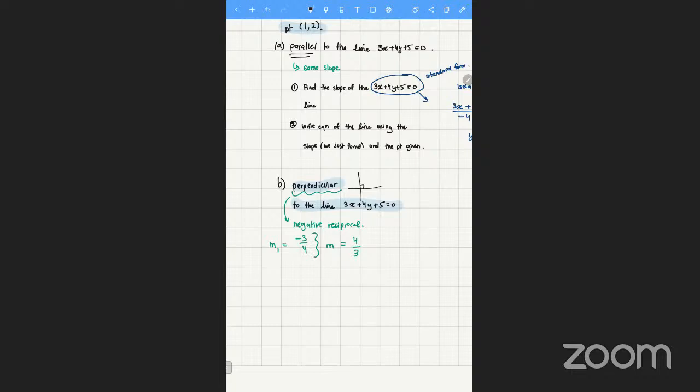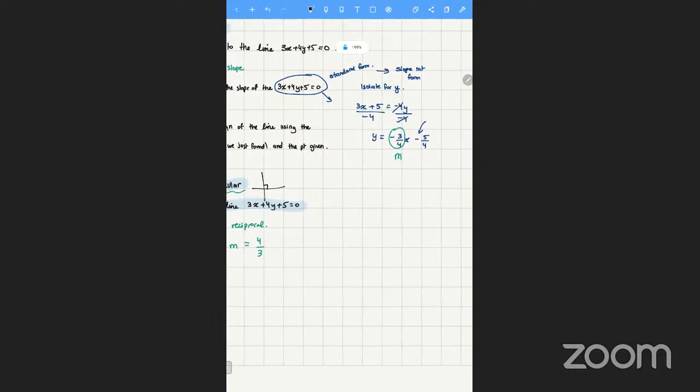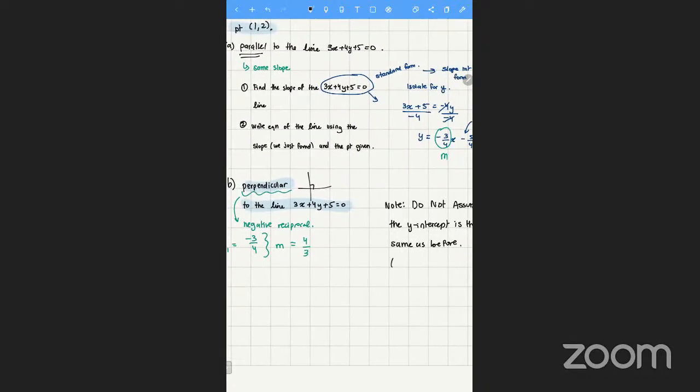Do not assume the y-intercept is the same as before, okay? You must solve.